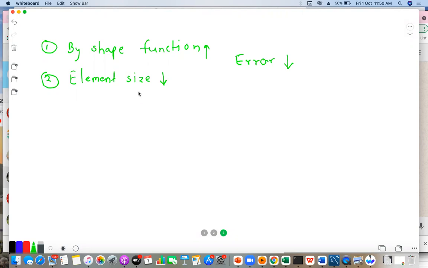In the same way, if we consider linear order shape functions versus quadratic shape functions, then our computational power requirement will increase. So the limitation is from the perspective of computational power.